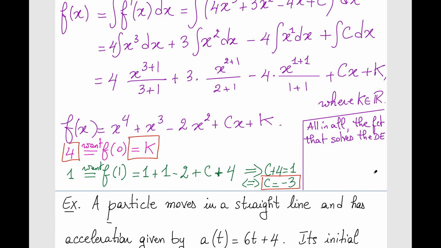So it solves the differential equation with the initial conditions, ICs for initial conditions, is f of x equals x to the power 4 plus x cubed minus 2x squared.